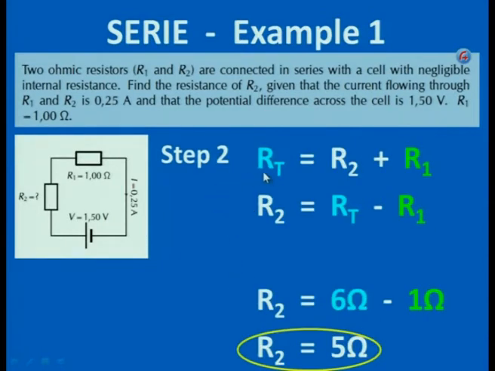You have that the total resistance is R1 plus R2. You want R2. So the total resistance minus R1 would then give you R2. You just calculated the total resistance, which is 6 ohms. They give you that R1 is 1 ohm, so you can calculate that R2 is equal to 5 ohms.